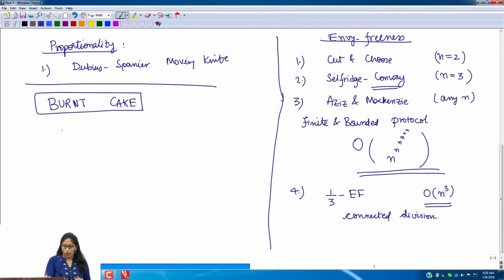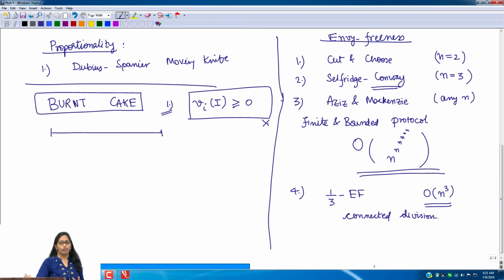Remember we had a non-negativity assumption on the valuation functions, that agents value any piece or interval with a positive value. This is the case when that assumption is not met. So there's a bad cook who burnt the cake in the oven, and some portions of the cake are now negatively valued by some agent.